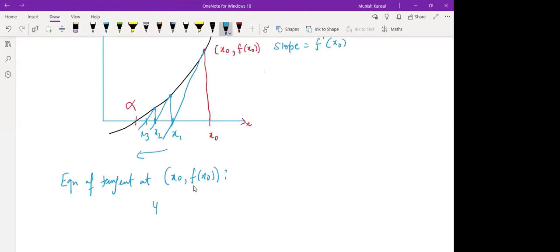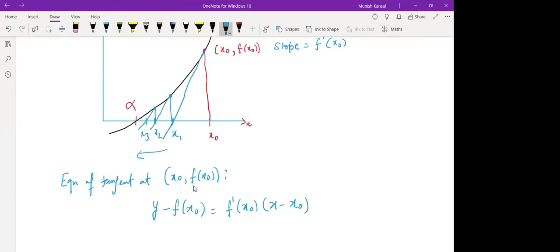That is y minus, say I call it y naught, or let us write it as f of x naught. This is f of x naught, right, is equal to m times, what is m? That is the slope, times x minus x naught. So this is the equation of the tangent line at the point x naught comma f of x naught, right?